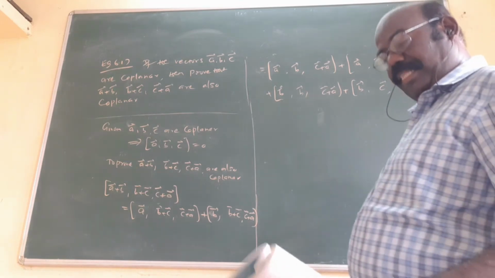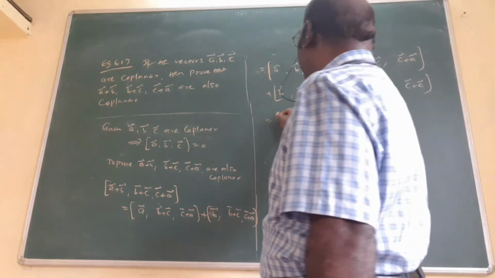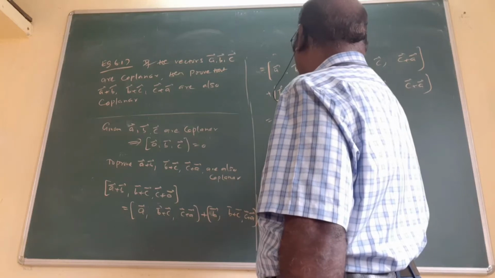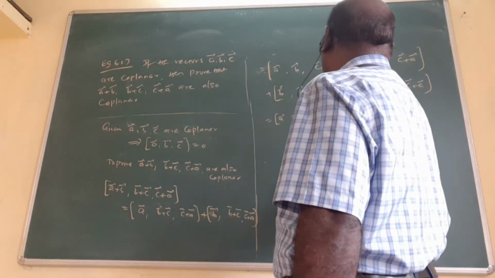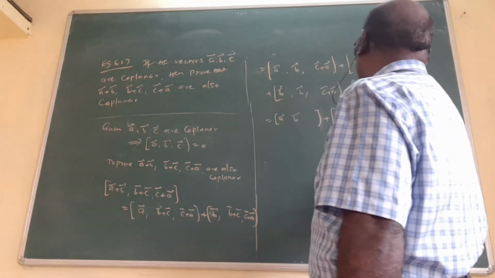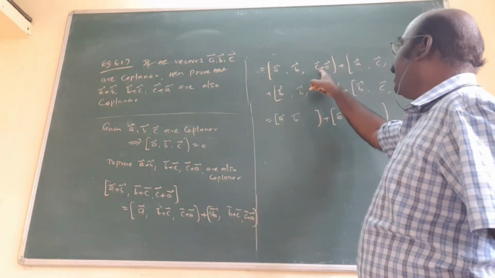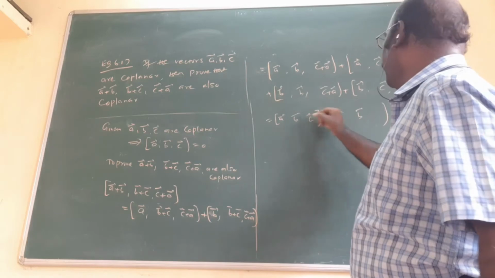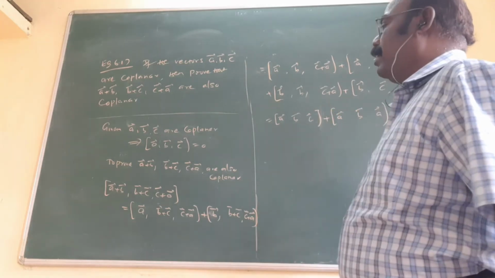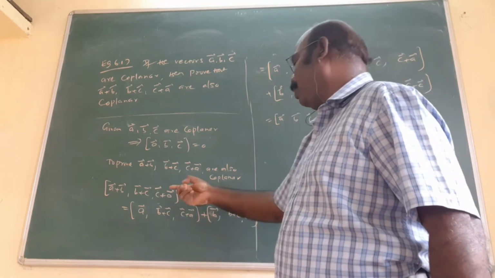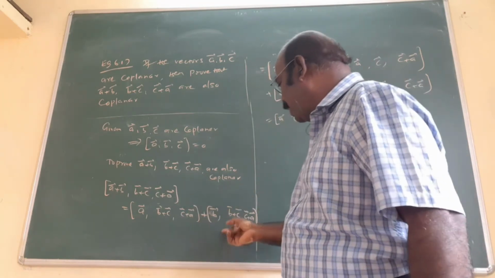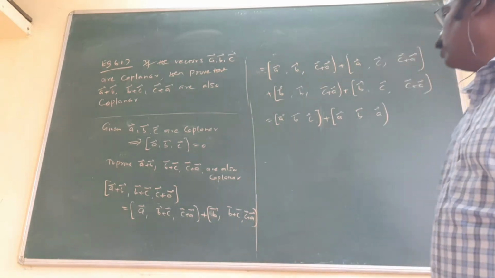Once again, this can be written as A vector, B vector fixed here. Here also A vector, B vector fixed here. The C plus A: here C, here A. The first one is split into 2. Next is this one split into 2. Here this also split into 2. Again split into 2 in this way.